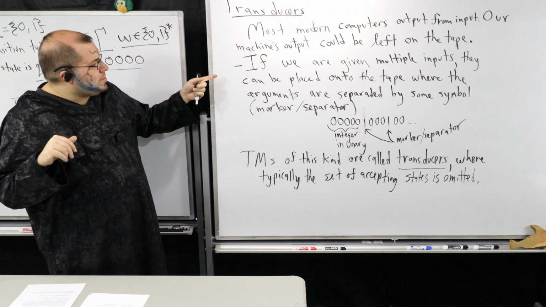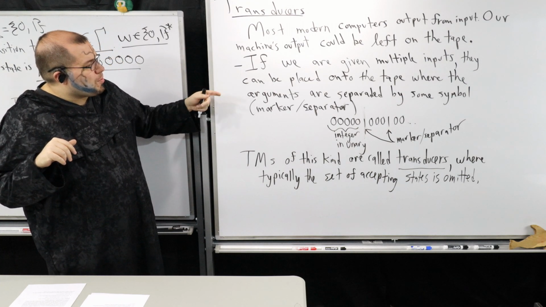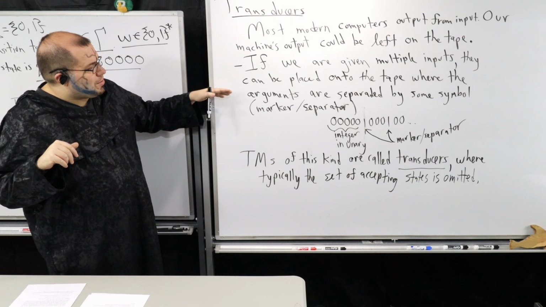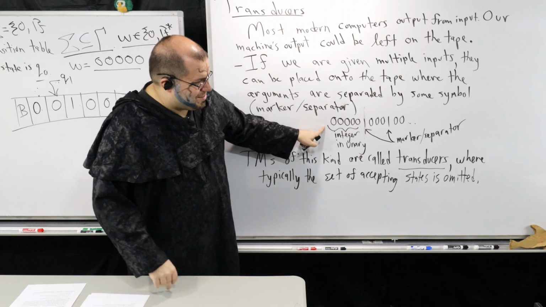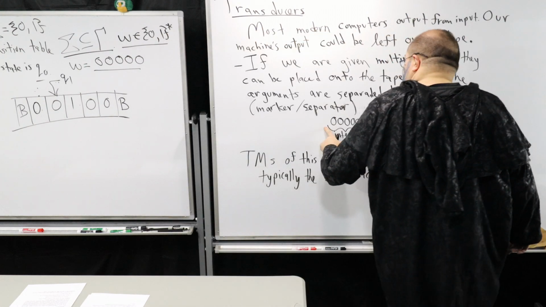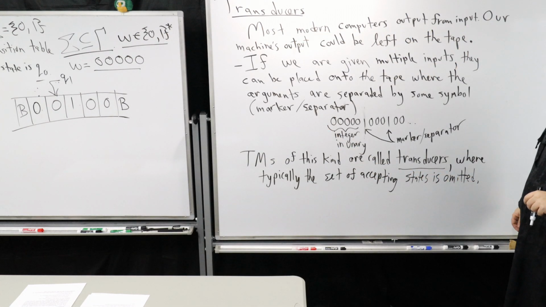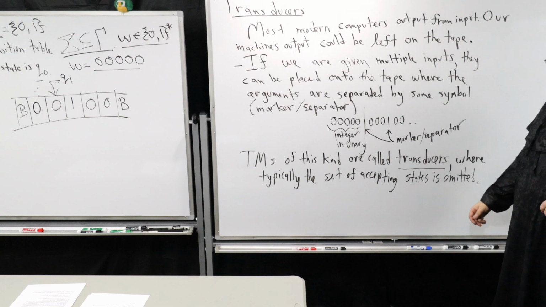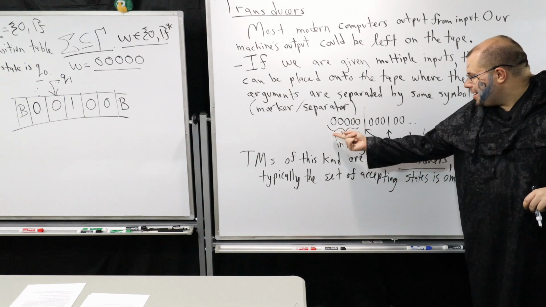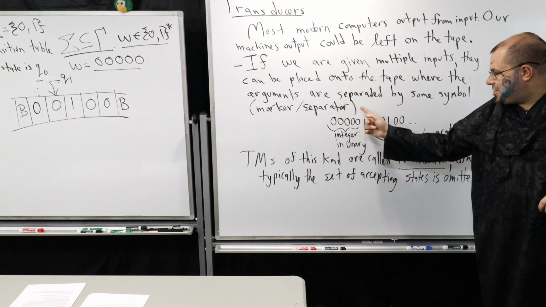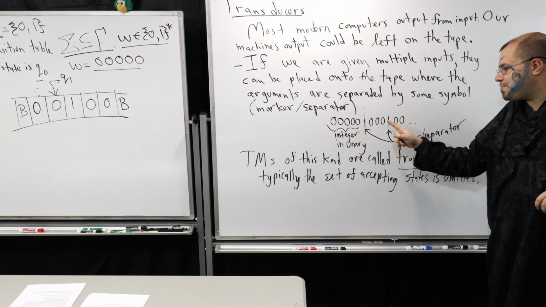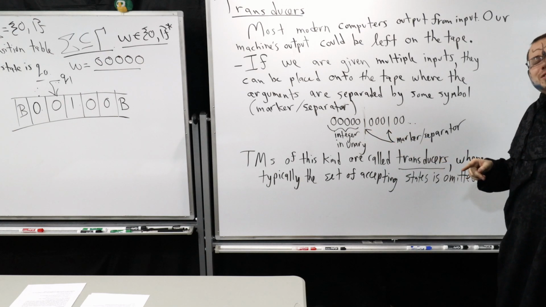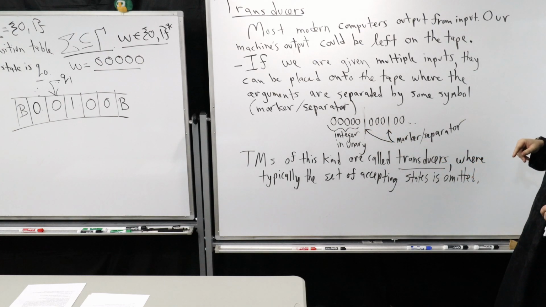We can encode this information on the tape, where we introduce what we call separators or markers, and you end up with blocks like this. This is one way you can do it. Of course, you can encode these things in binary as well, but I'm just going to use unary to keep things simple. I'm going to have all of these blocks separated by markers, which I'll make ones for simplicity.